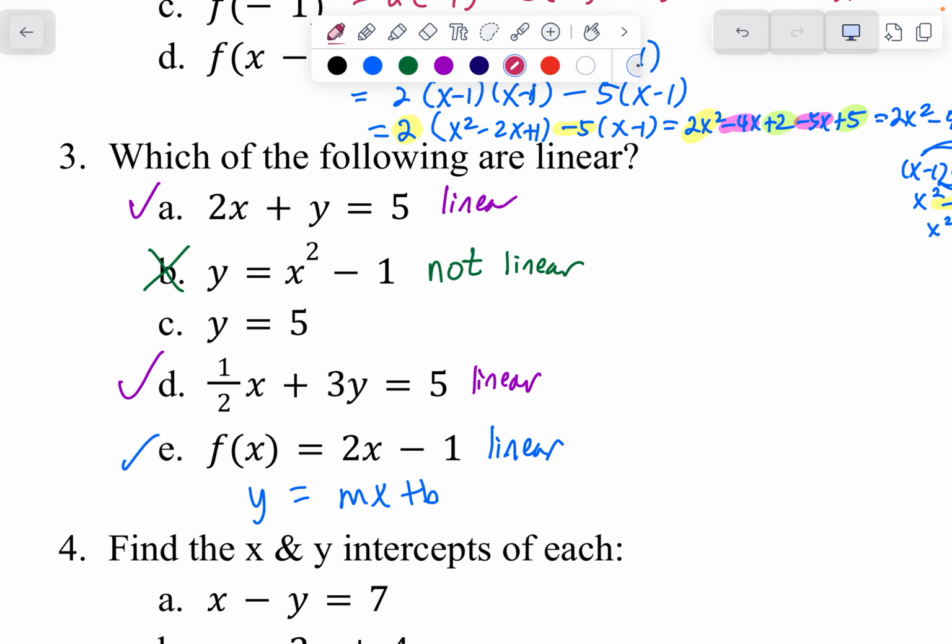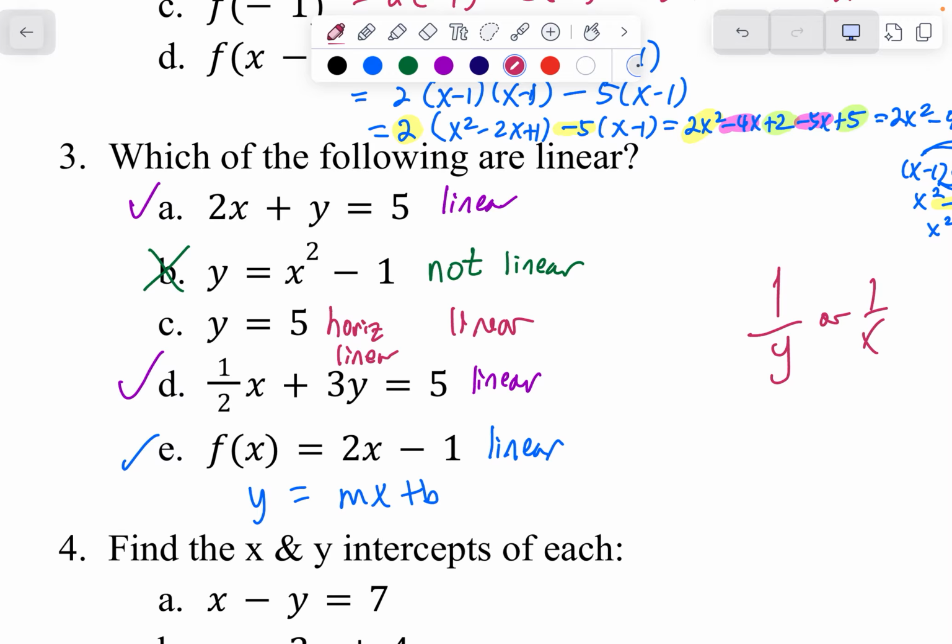And then our other one, y equals 5, is by definition a horizontal line. So it's linear, okay? So things that don't make it linear are powers, or if you have like 1 over y or 1 over x. So all those are linear actually except for B, okay?